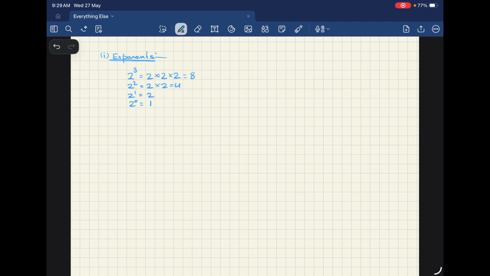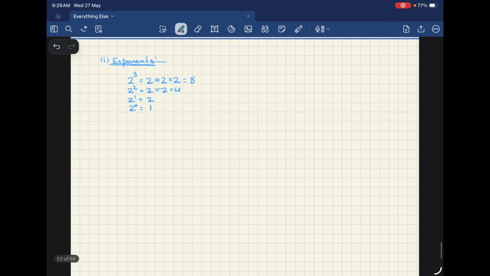So to avoid confusion, I like to write this as, let's say, 2 to the power 3. That means I'm multiplying 1 with 3 2's. Multiplying any number by 1 doesn't make any difference, so we again get 8. Similarly, 2 to the power 2 is 1 into 2 into 2, that is again 4.